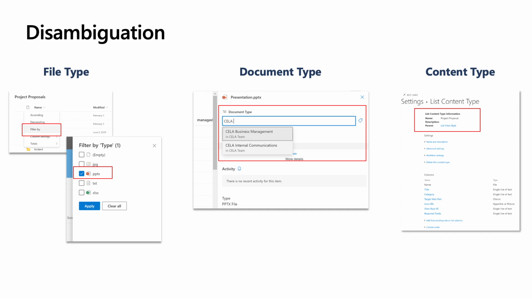Document type is not an official SharePoint terminology, but many organizations use metadata columns to classify the document as business process specific types such as invoices, proposals, etc. These are different from content types as a concept and feature on SharePoint. So now that is out of the way, let's look at how to set up and utilize content types.